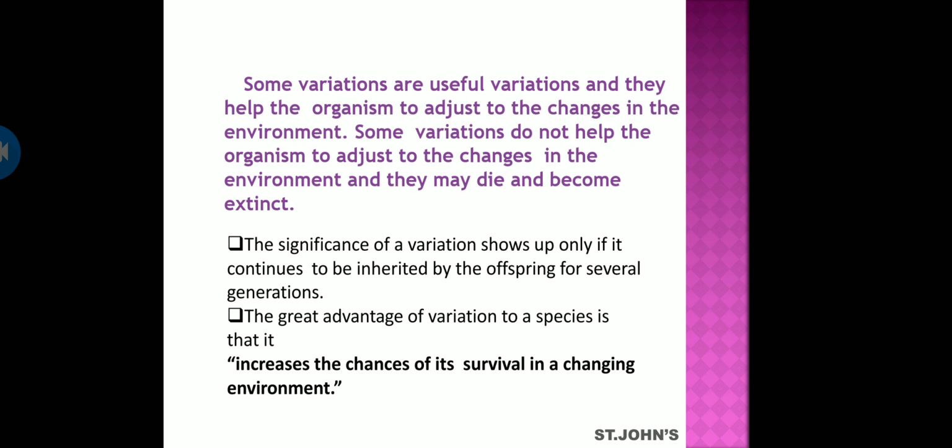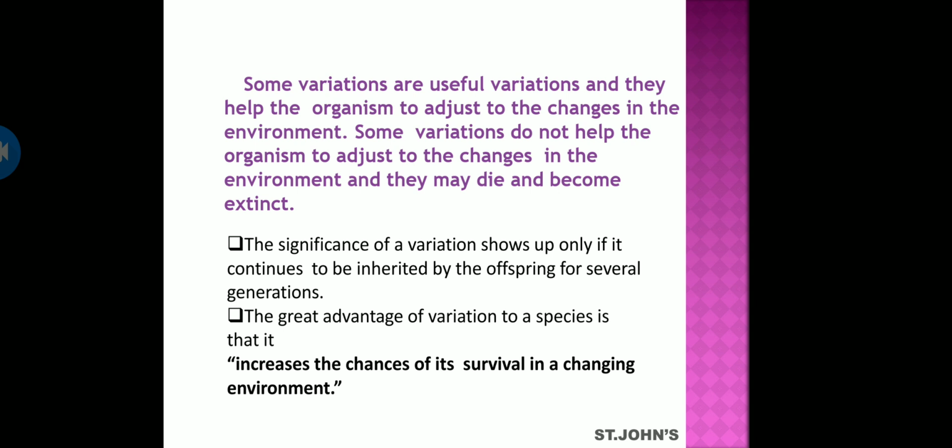And here the significance of a variation shows up only if it continues to be inherited by the offspring for several generations. So the importance of a variation can be shown if it continues to be inherited. If the organism is able to adapt itself with that variation, it is seen clearly that it survives.